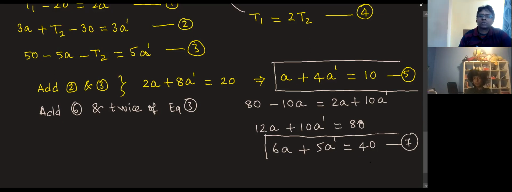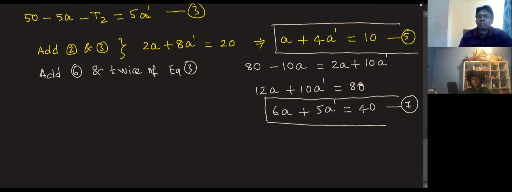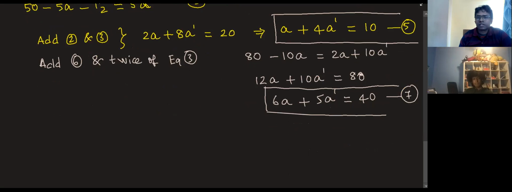Now what do I do here? If I look at the fifth equation, there is just a, so I will multiply the fifth equation by 6. I get 6a plus 24a prime, and the right-hand side will be 60.